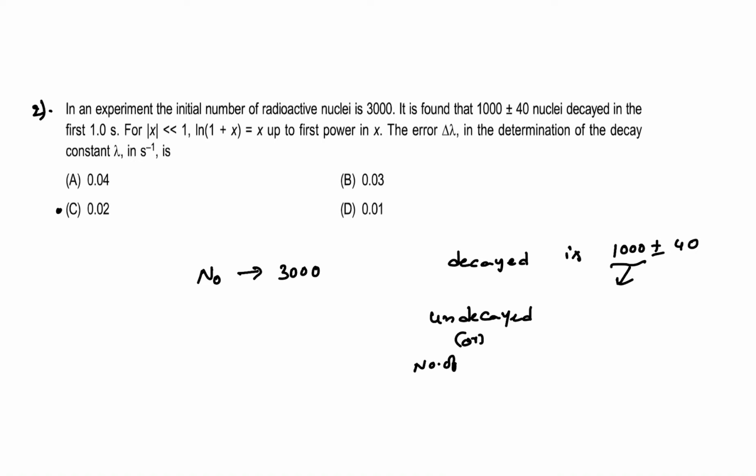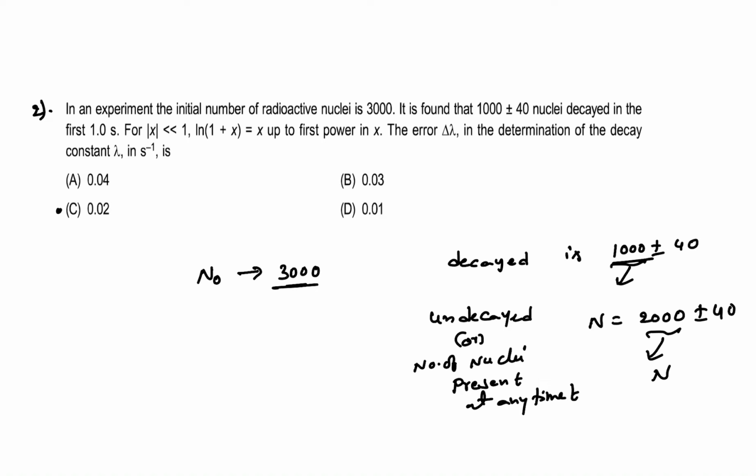Now we are writing undecayed, how much? Undecayed, nothing but the number of nuclei present at any time t, or active nuclei N, is equal to 3000 is the initial value, 1000 is decayed. So you can write it as 2000 plus or minus 40.